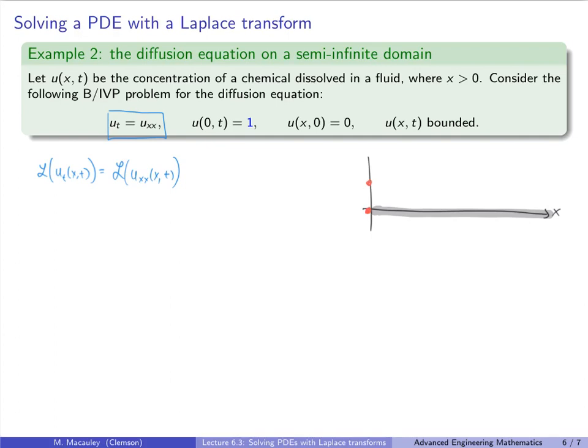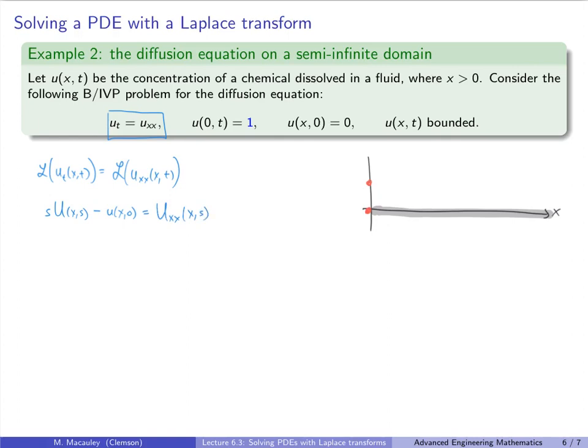So the left-hand side is going to be s times U of x and s, and then minus u of x, 0, that's equal to 0. That's that fudge factor. And then the right-hand side is going to be U_xx of x and s.